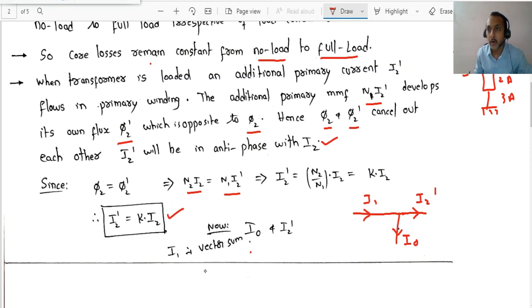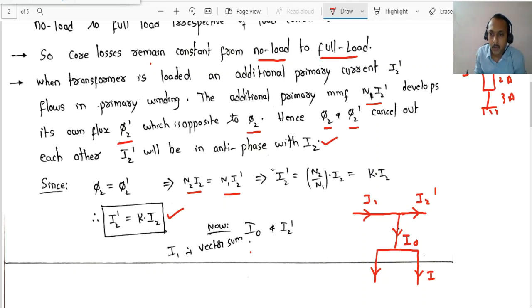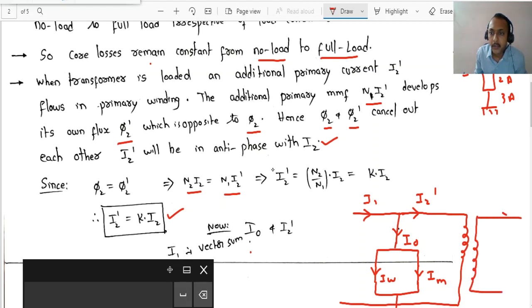And if you observe the no load concept, this I0 is again going to be divided into two components: one is the magnetizing component and the other one is the working component. So this I2 dash is on the primary side, and this is the current drawn, some I2.